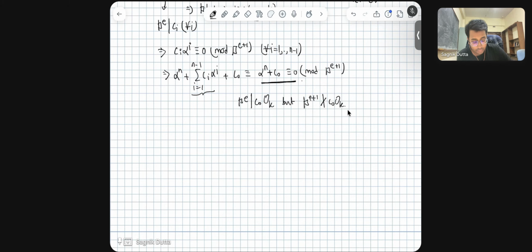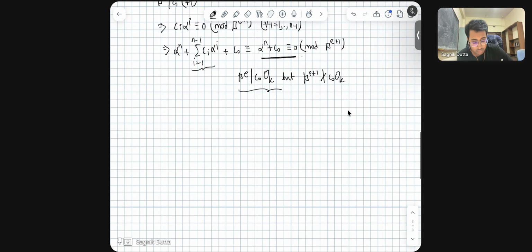So how do you prove it formally? It's a simple thing. You look at C naught inside this ideal. You can break it into, let's say, C naught is P times Q, where P doesn't divide Q, because C naught is divisible by P exactly once.